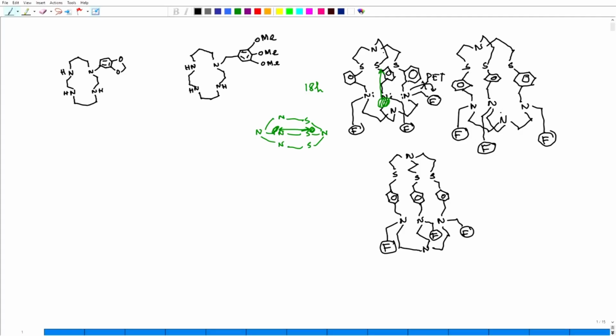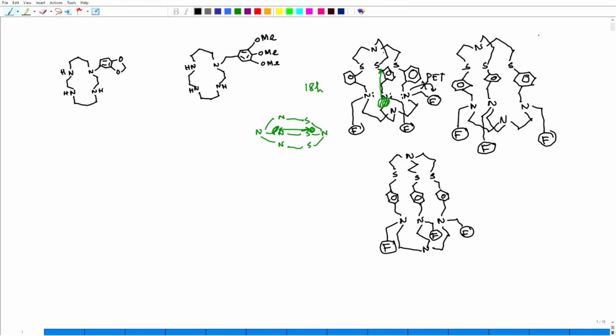In this case, what happens? The difference between this system and this system is that they are similar. However, here this aromatic group is meta substituted. Because it is meta substituted, it is rigid. So, this cavity is rigid. In the other case the cavity collapses a little bit, and it can rotate, but in this case the cavity is quite rigid.